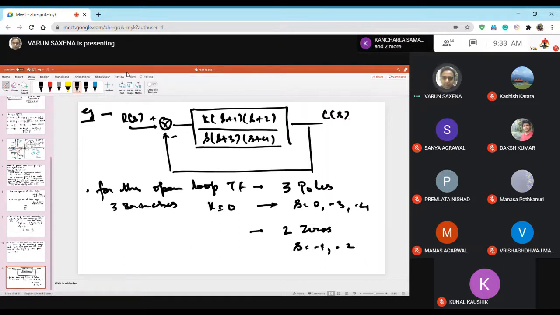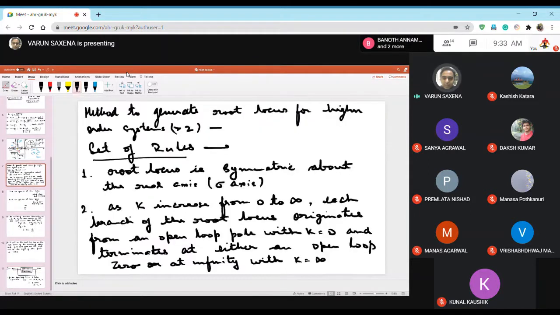Is this clear? So one can say that the number of branches equals the number of open loop transfer function poles. I repeat again, look at this point and read it carefully. As K increases from 0 to infinity, each branch of the root locus originates from an open loop pole with K equal to 0.